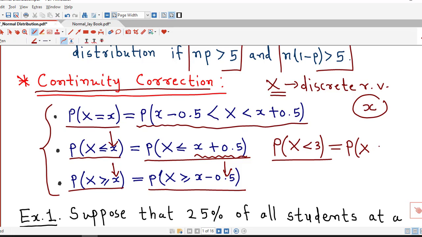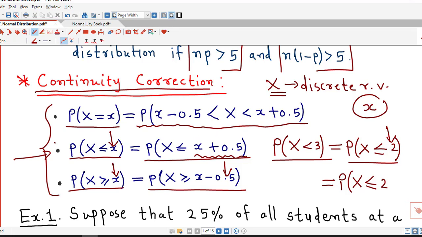Capital X less than 3 is equivalent to the probability that capital X is less than or equal to 2. And when we have capital X less than or equal to x, it is converted into a normal probability by adding 0.5 to the x value.